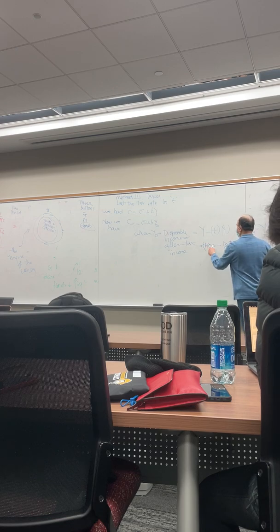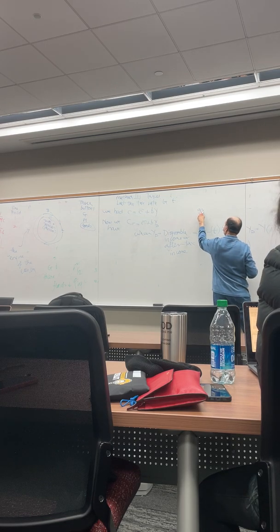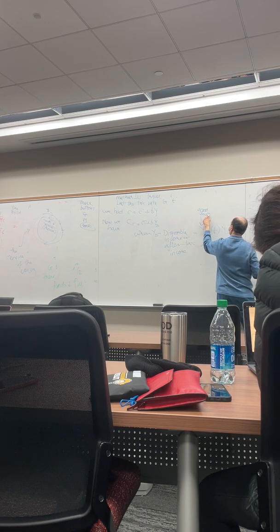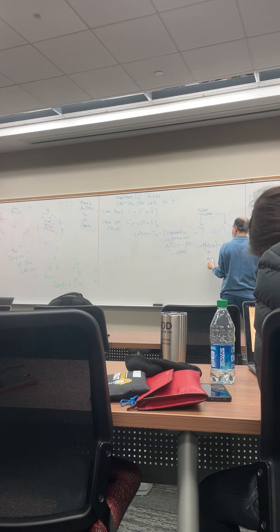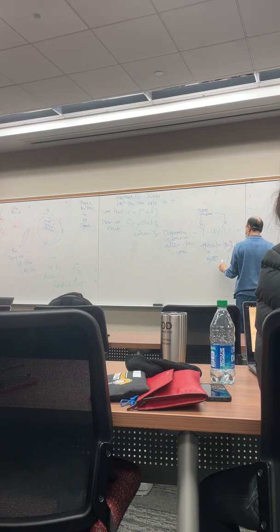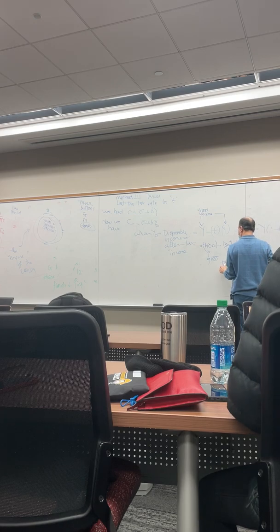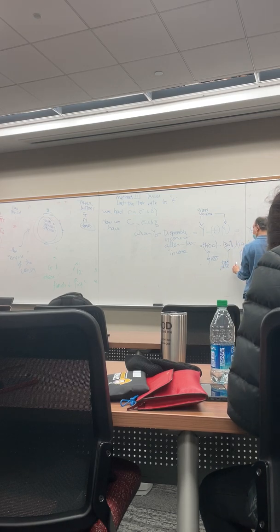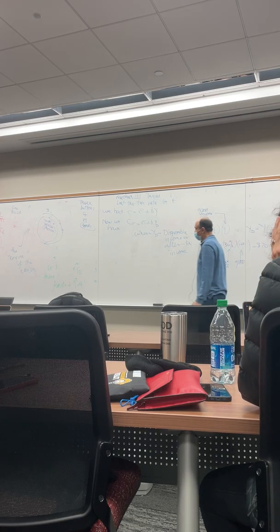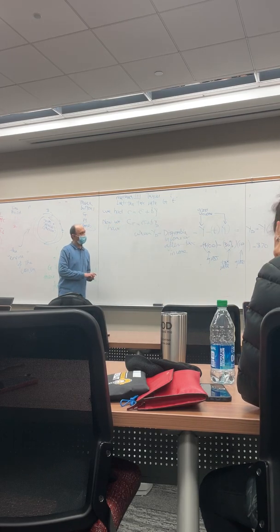This here is the gross income. So you make $100, you're paying a tax rate of 30% of $100, and so that's $70, which is 100 times 1 minus 0.3. So that's your after-tax income.